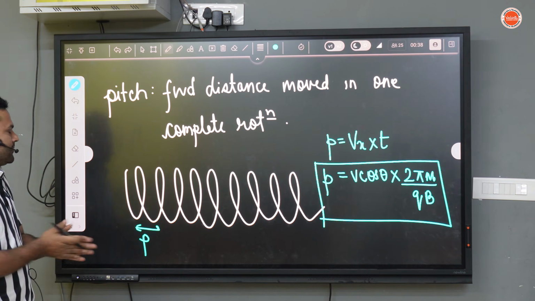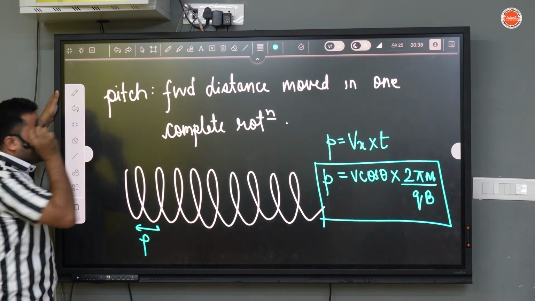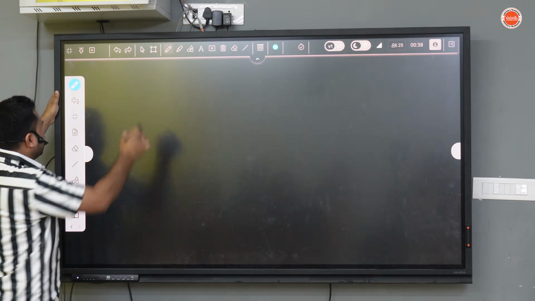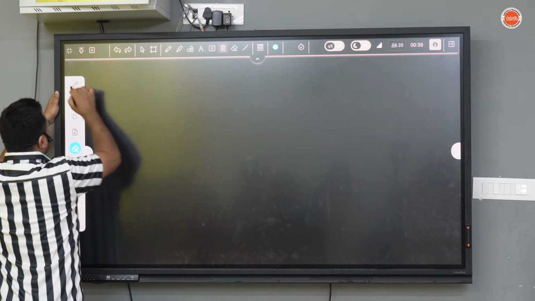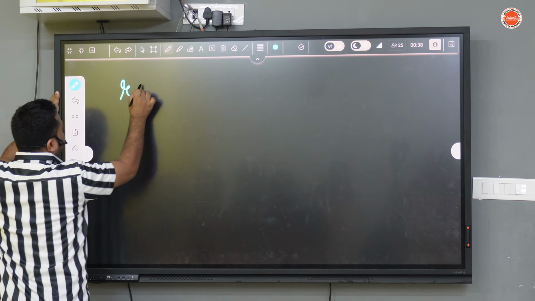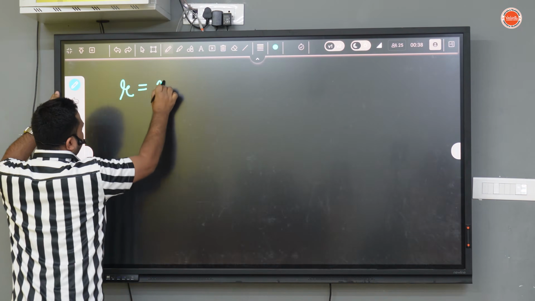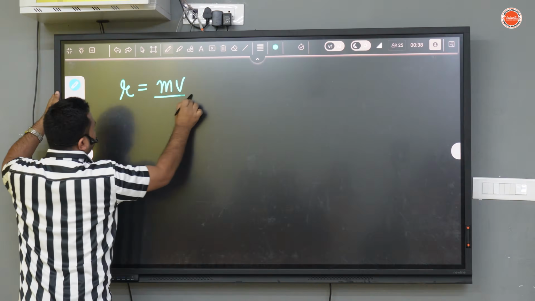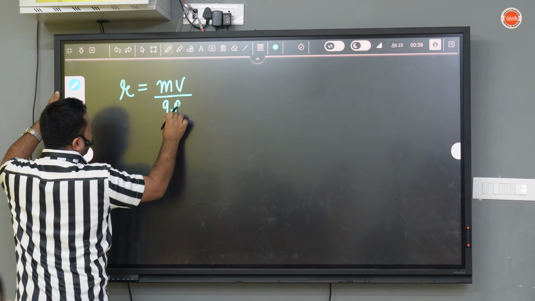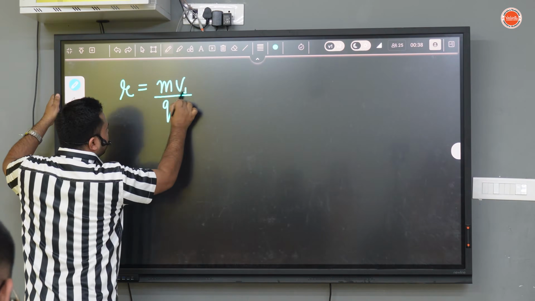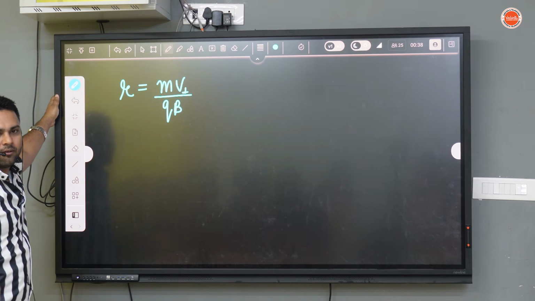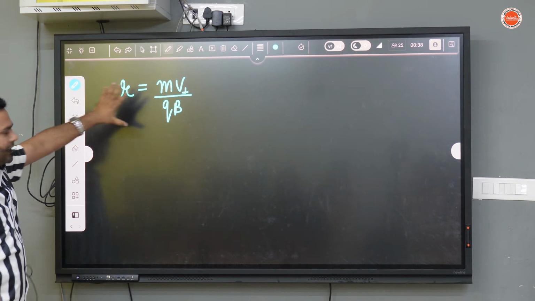Written. So what you can do now, you modify your formula. For the radius of the circle, what was our formula? mv by qB. Now you write v perpendicular. There will be no changes.